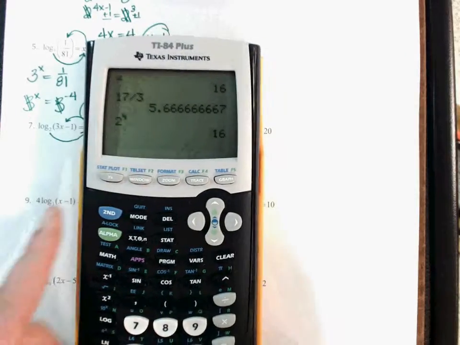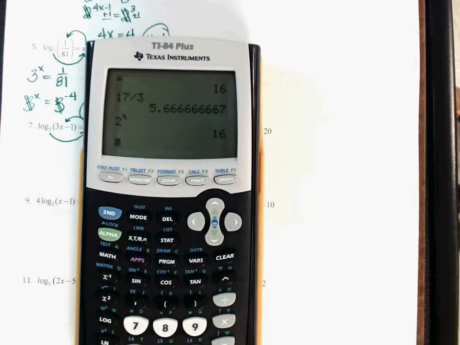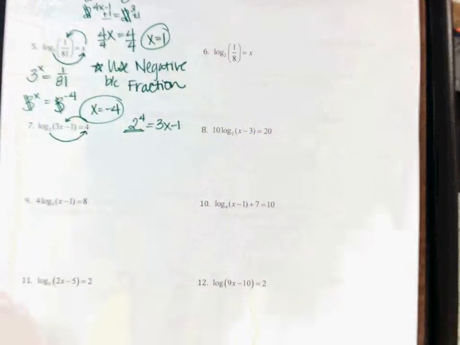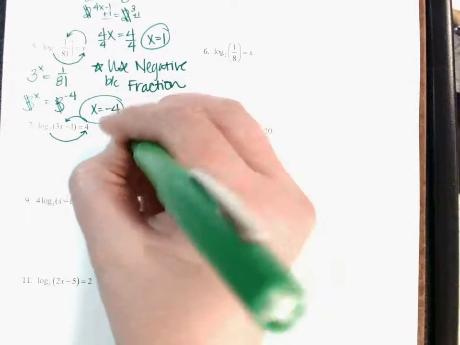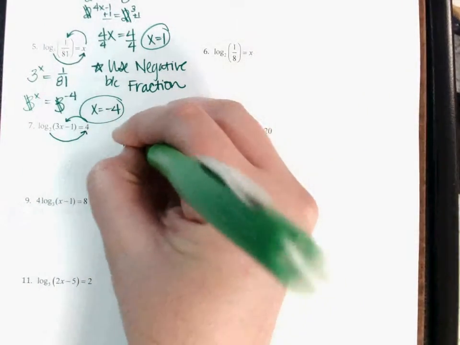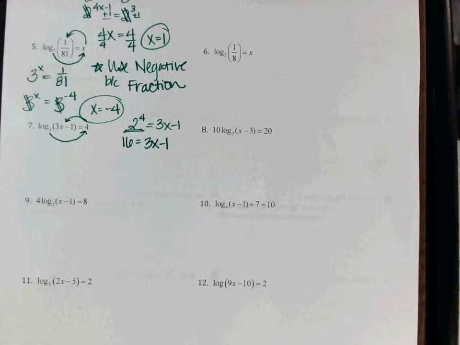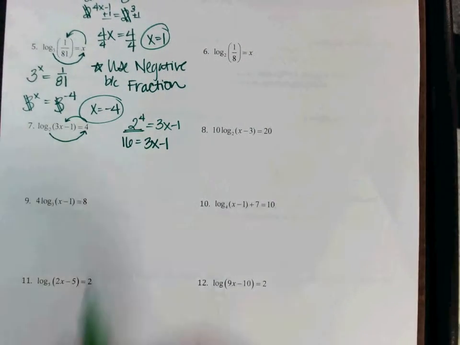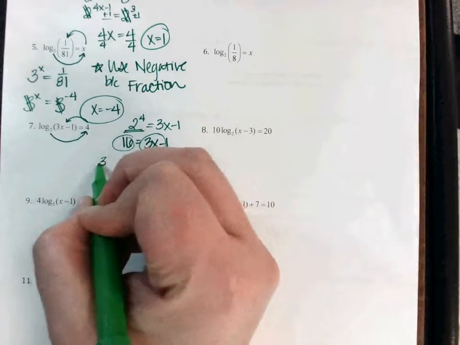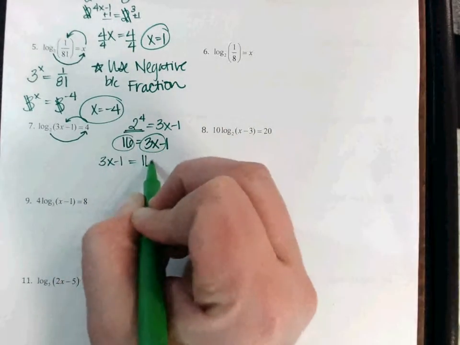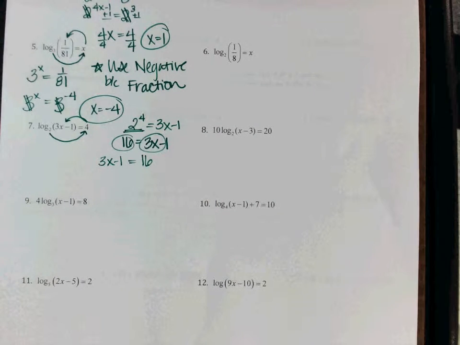Very good. So I want to use regular numbers if my x isn't little. So that's 16 equals 3x minus 1. Then from there, I'm going to reverse the sides. You might not have to do that, that's okay if you don't. But I'll put 3x minus 1 here, 16 here, and then keep solving. You will get a couple that will come out to be decimals. You can just put one number behind the decimal.